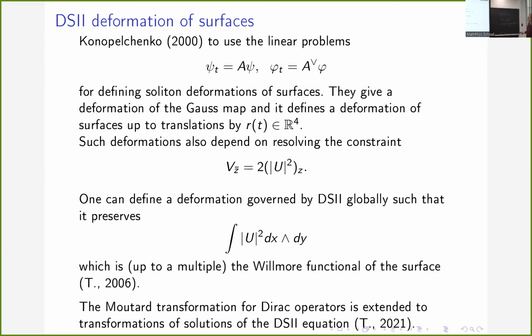So assume now that we do have the surface, and it is induced by some phi and psi.